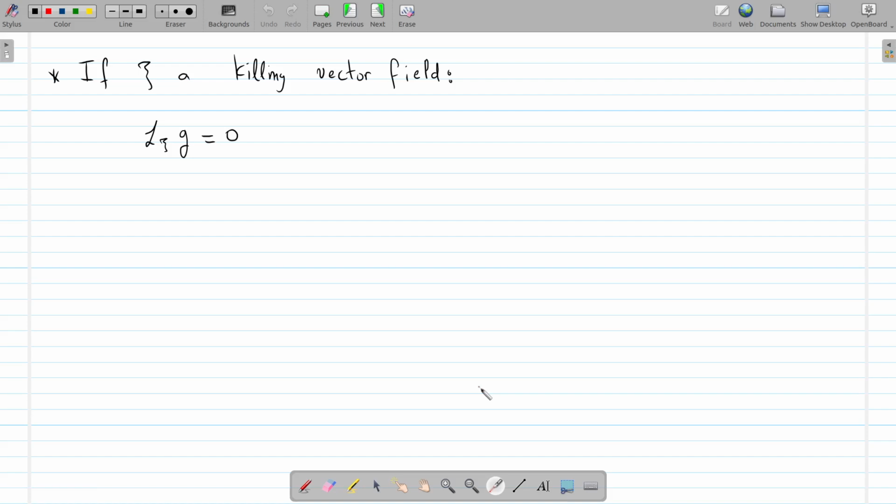So if xi is generating such an isometry, we call it a Killing vector field. So a Killing vector field satisfies the equation that its Lie derivative leaves the metric invariant. And as we have just seen, this is equivalent to saying that the symmetric part of d mu xi nu must be equal to 0.